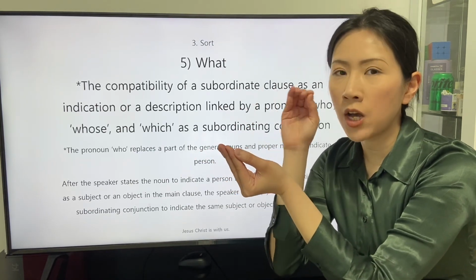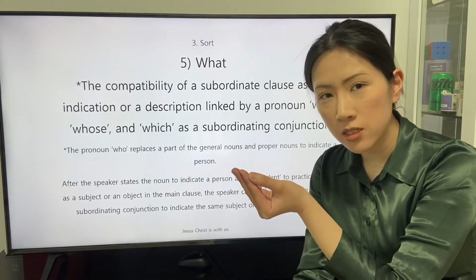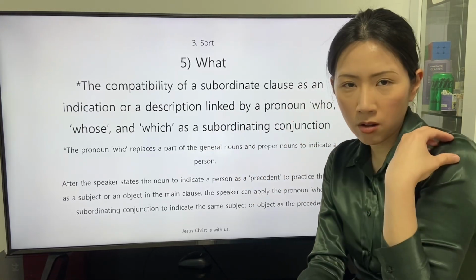A person can be a part of the definitions as the countable.